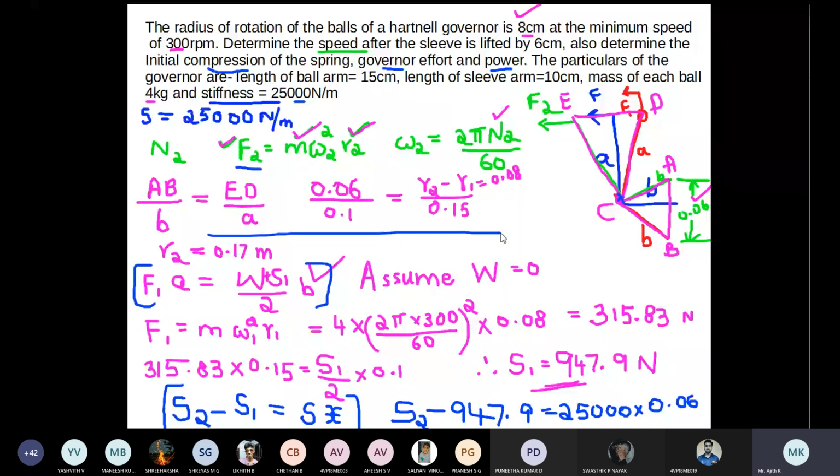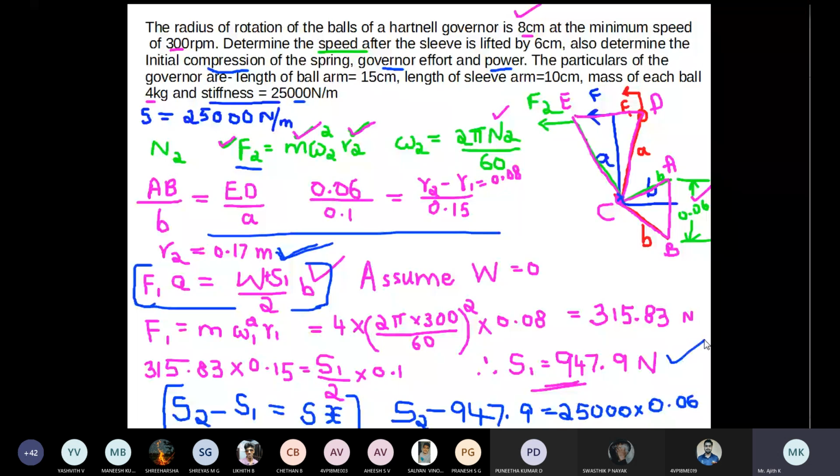In all the three problems we solved under Hartnell governor, we make use of the similar triangle principle to find out the unknown radius R2 value. And we take moment about the pivot point to find out the initial thrust or S1 value.